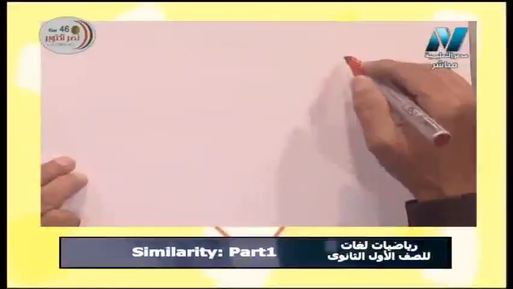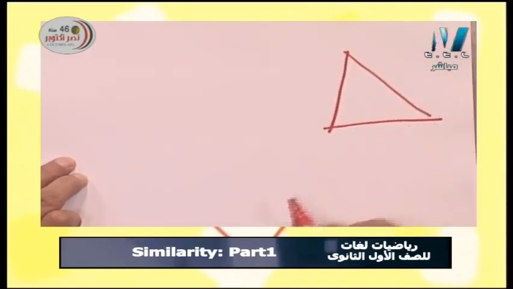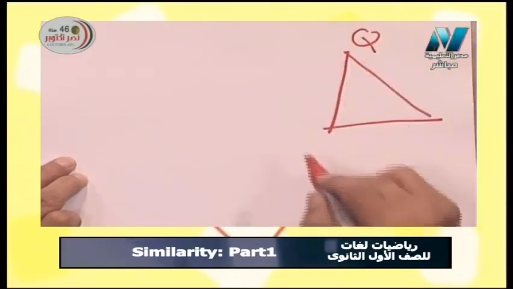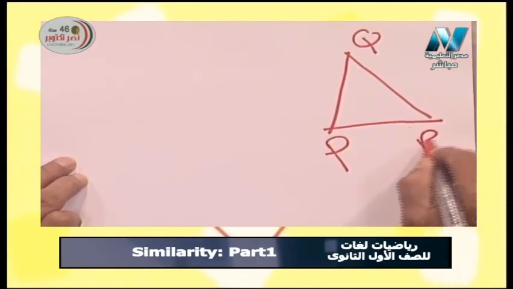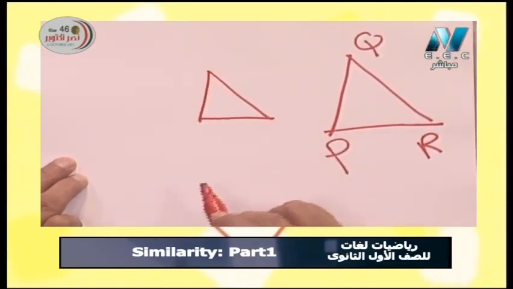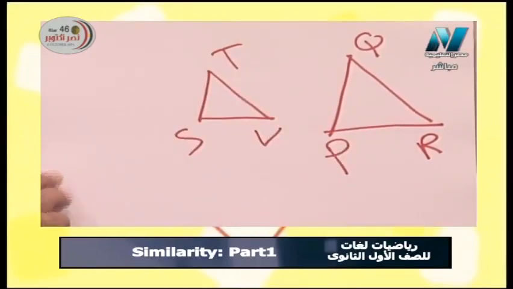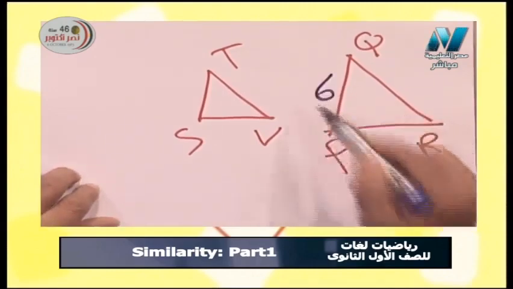We have the two triangles. This one, QPR, and the smallest one, TSV. The length of QP equals 6 centimeter.